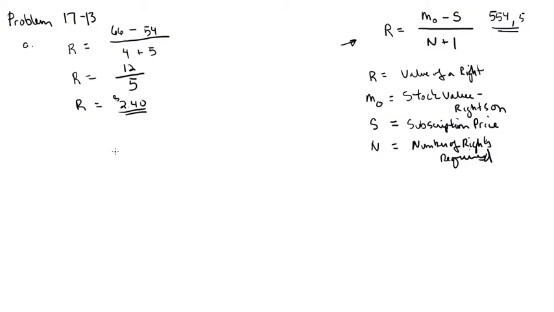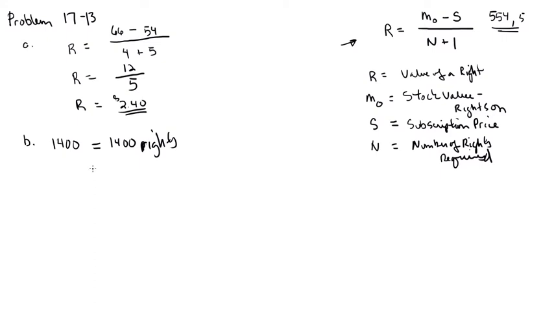How many of the new shares could Carol buy if she exercised all her rights? That's letter B. How much cash would this require? According to the problem, Carol owns 1,400 shares of stock, and she would receive 1,400 rights.